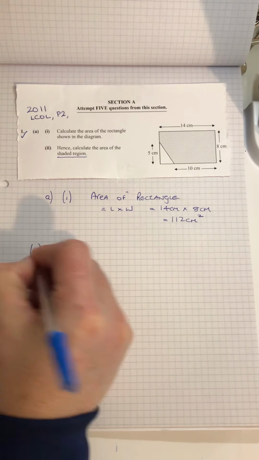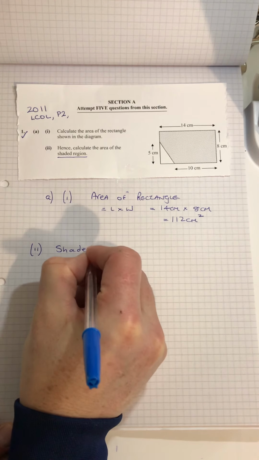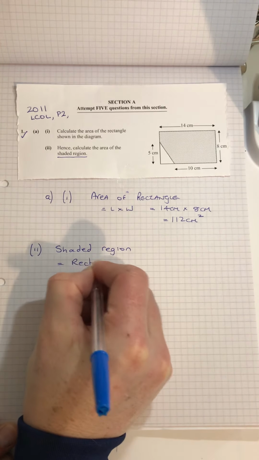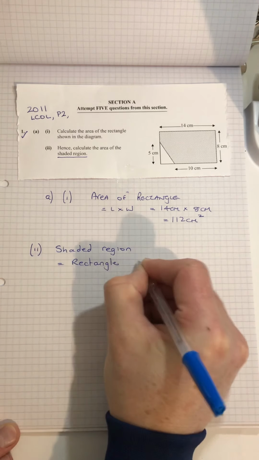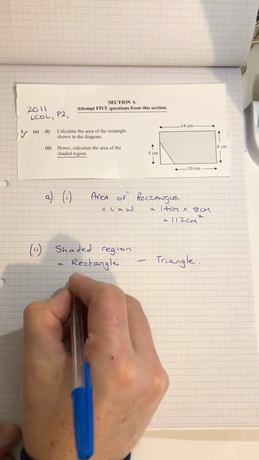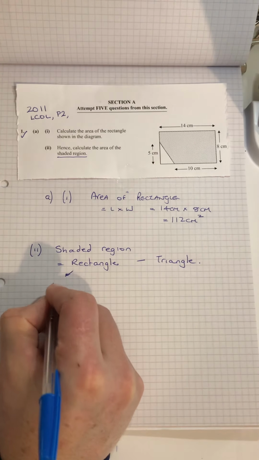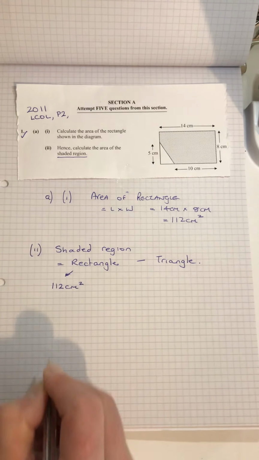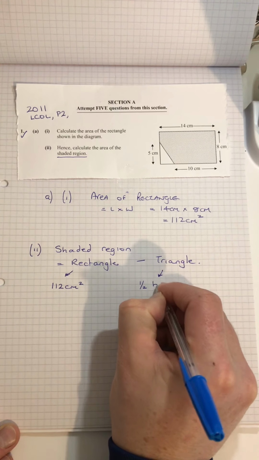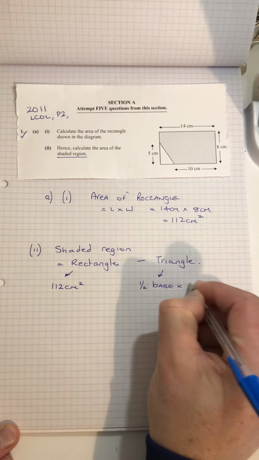So part 2, the shaded region is equal to a rectangle minus a triangle. And we know the area of the rectangle is 112 centimeters squared, and the area of a triangle is a half the base multiplied by the height.